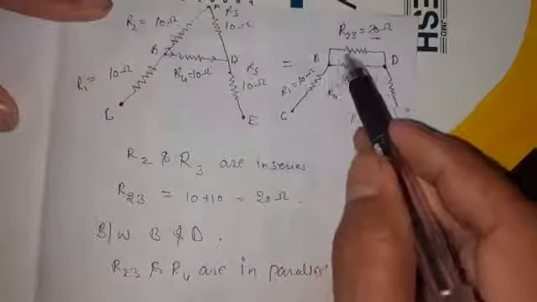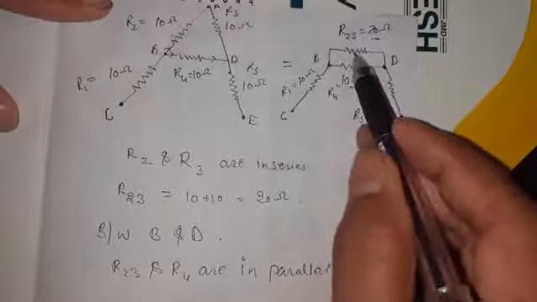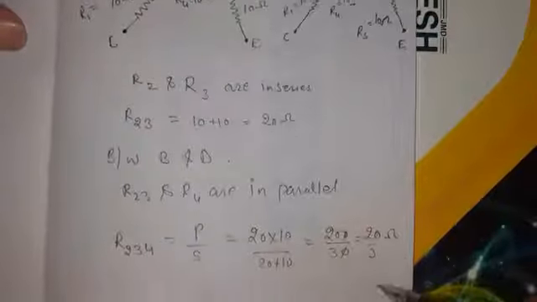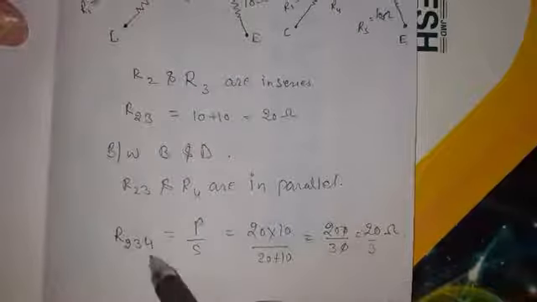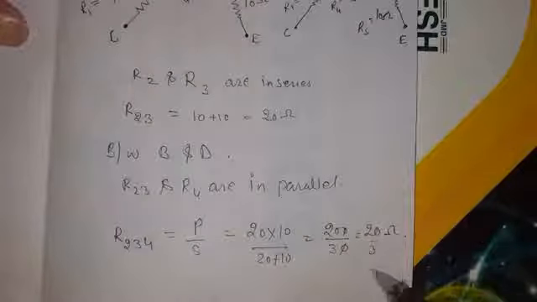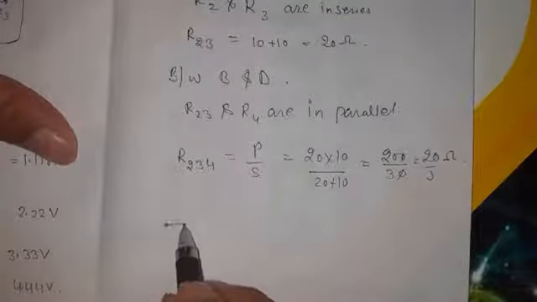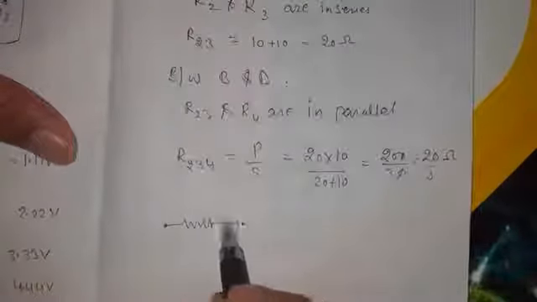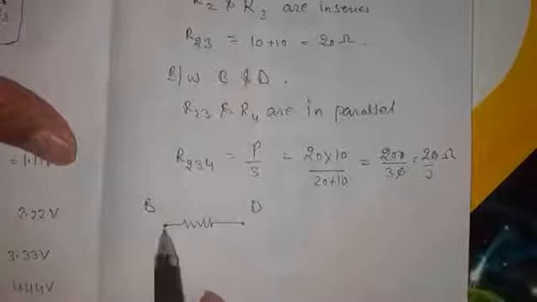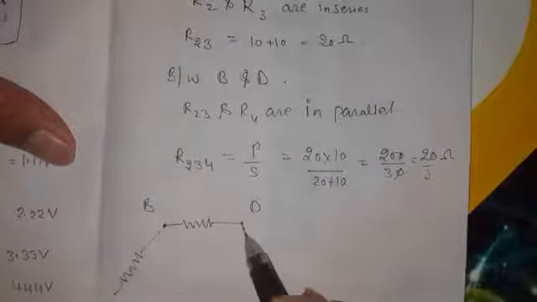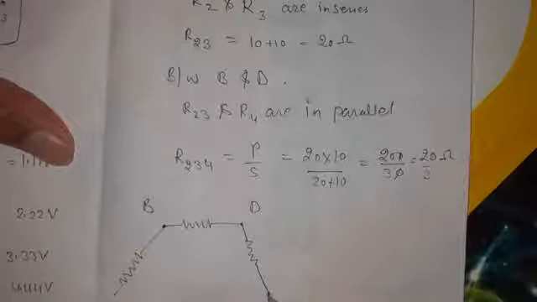Okay, so I can replace these resistances between B and D with this single value of resistance, 20 by 3. So I am going to have this equivalent diagram between B and D. There will now be only a single resistance, and this is the C point over here, here is the E point.